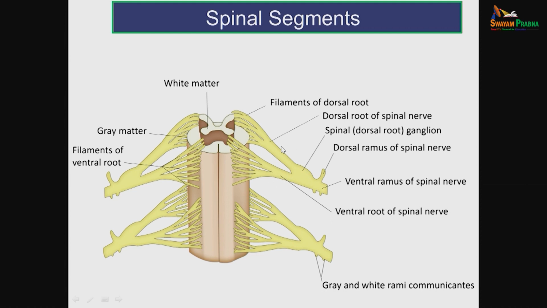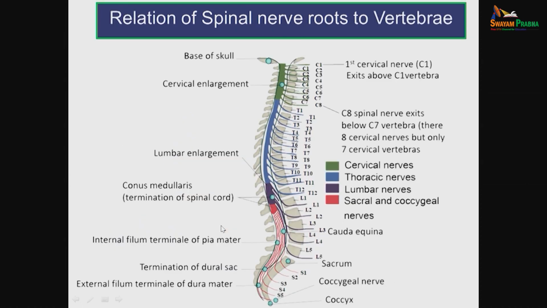Ventral root is motor, dorsal root is sensory. Both roots join and form the typical spinal nerve which will come out of the intervertebral foramina. This typical spinal nerve divides into a ventral ramus and a dorsal ramus. So, we are at present talking about the spinal segments.